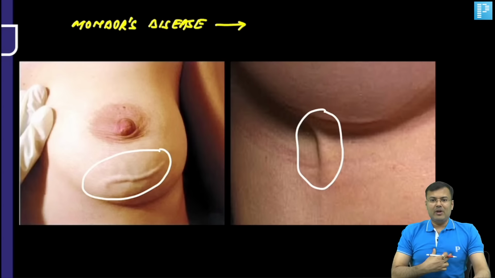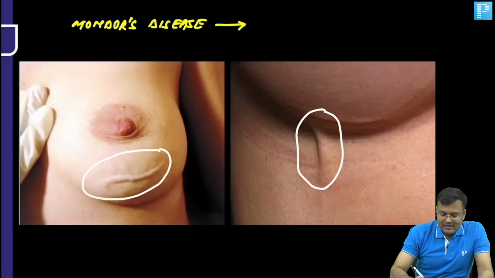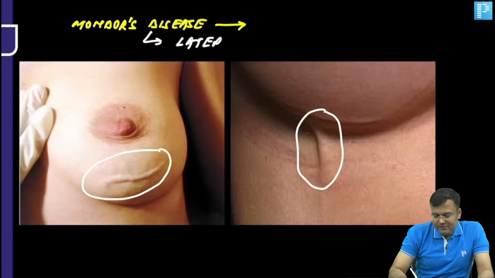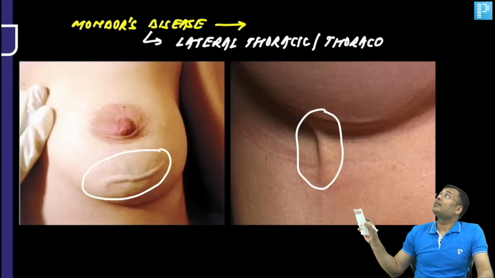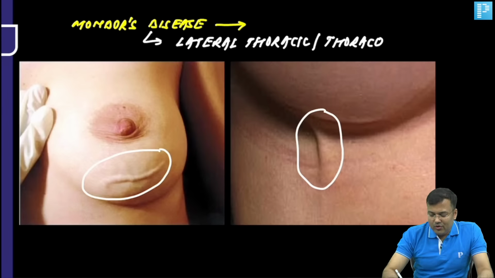Guys, this is the thoracoepigastric. So, lateral thoracic and thoracoepigastric.